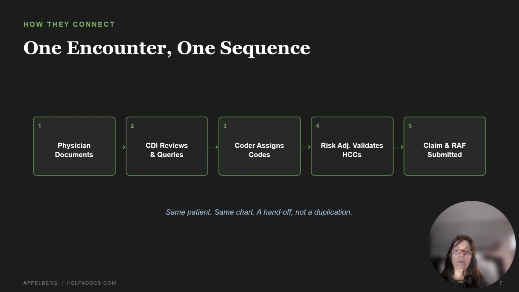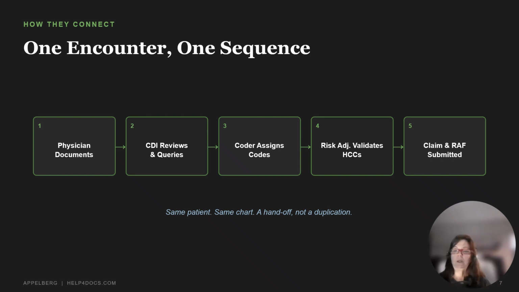Sometimes it'll be months later, and they're specifically checking were all the chronic conditions this patient actually has being documented and coded for the calendar year. This is retrospective reviewing. It's not the preferred way anymore.